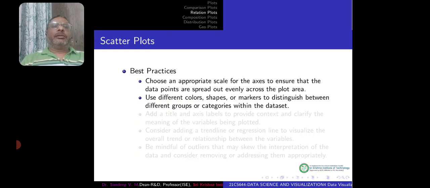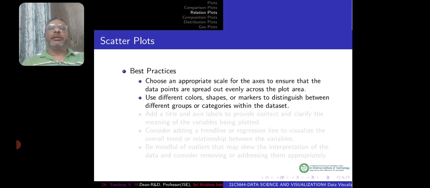It is better to use various colors, shapes, or markers to distinguish between different groups or categories within the data set. Once we have various categories in the data, we can work with colors or shapes or markers to distinguish between them.